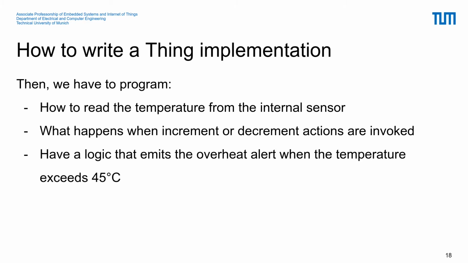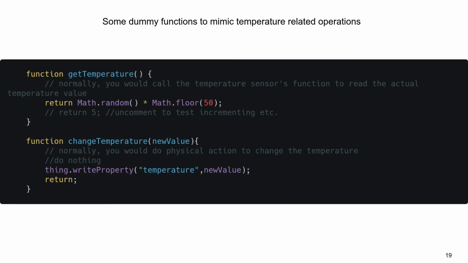And we also have to do some programming to have logic that emits an overheat alert when the temperature exceeds, let's say, 45 degrees in this case. So we will have these two dummy functions.